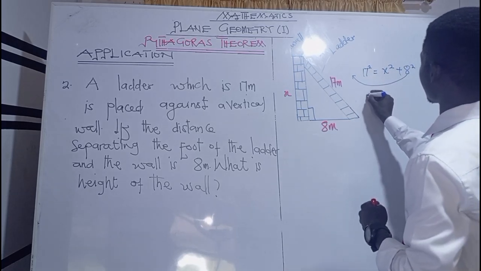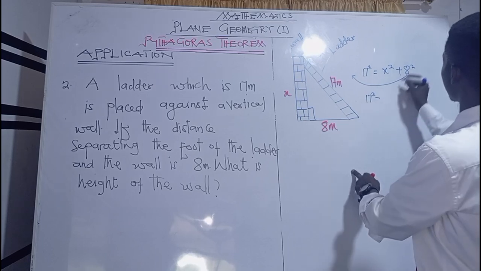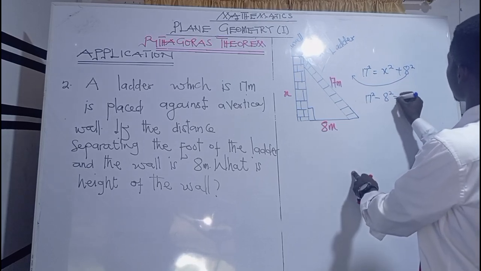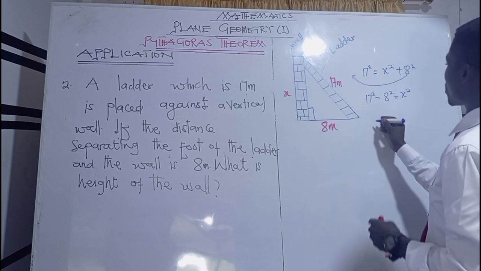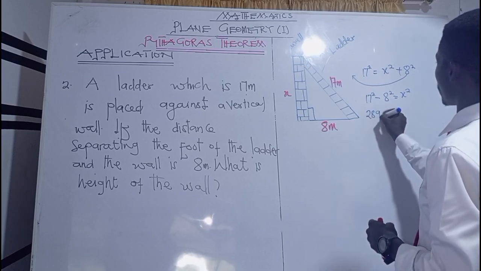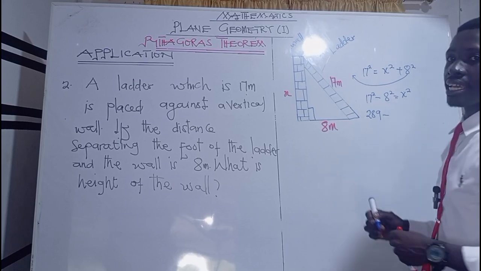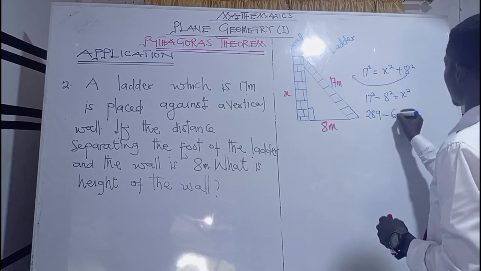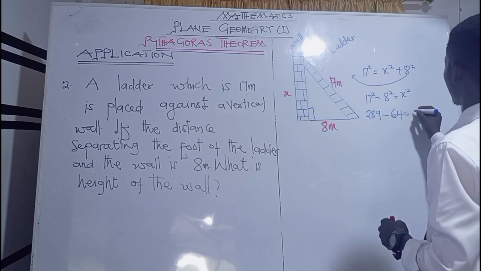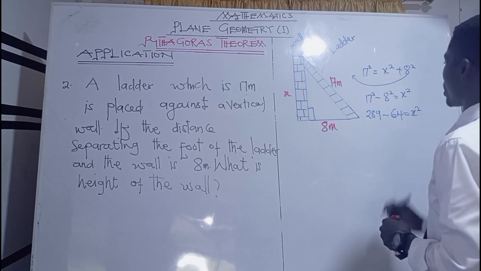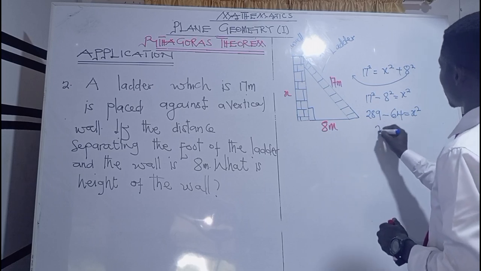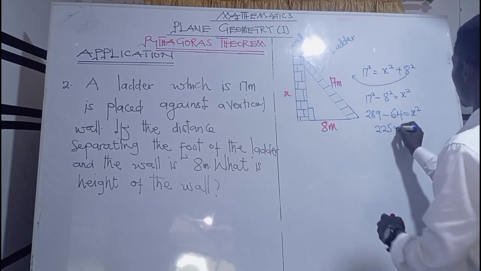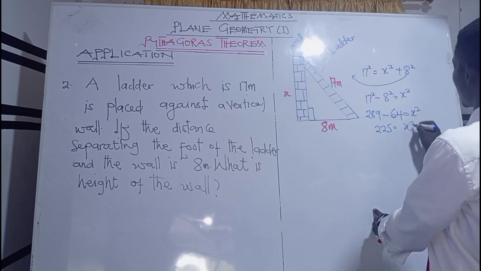So we are going to get 17 squared minus 8 squared is equal to x squared. Now 17 squared will give us 289, and then 8 squared will give us 64. So 289 minus 64, we are getting 225, which is equal to x squared.